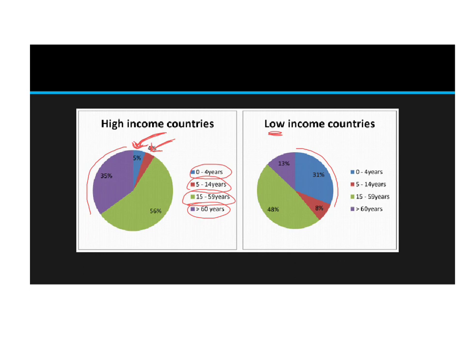Way, way, way larger than both 0 to 4 and 5 to 14 combined for high income countries. So if you add 8% to that for the 5 to 14 years, we've got like 39% of your population is dying before the age of 14 years.